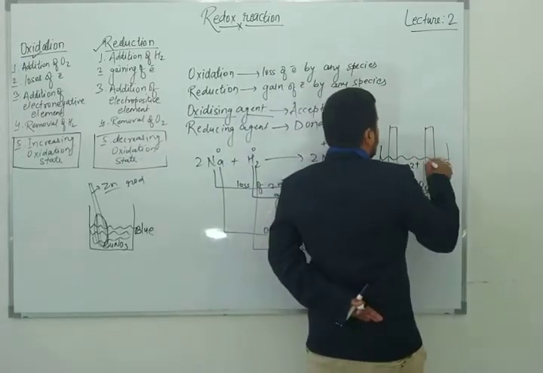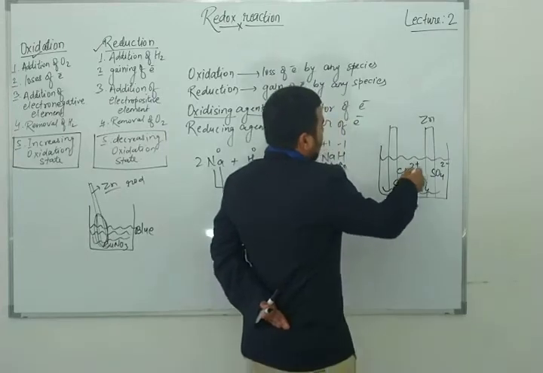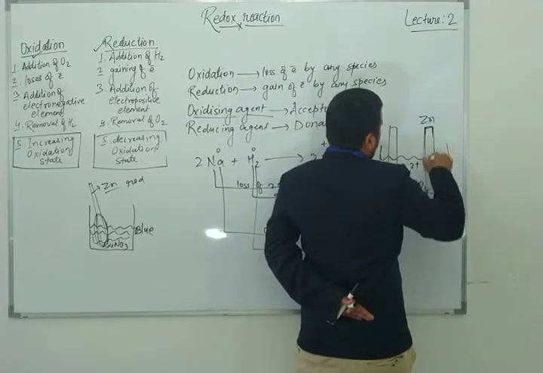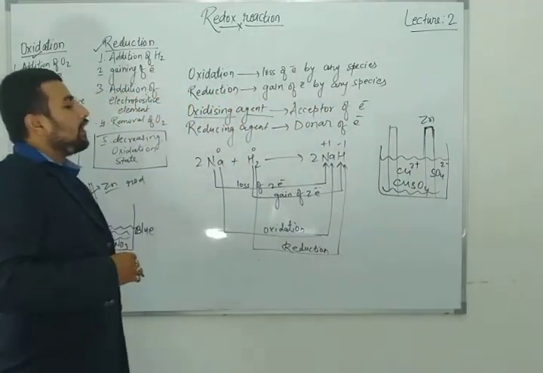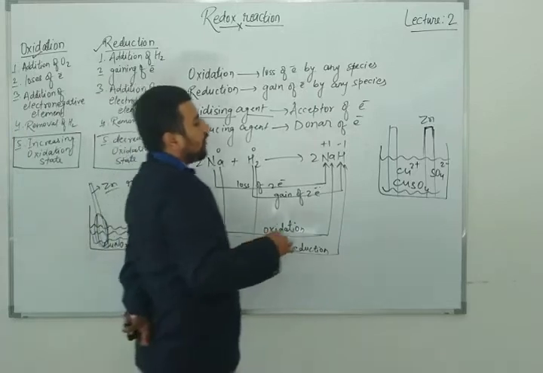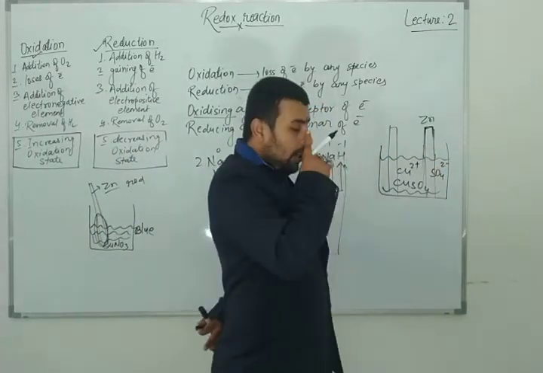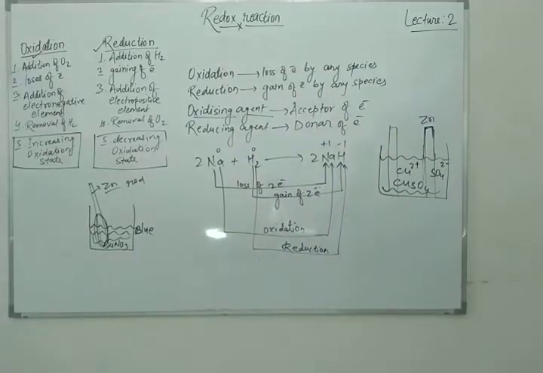Now the zinc rod, in the terms of zinc rod, the loss of 2 electrons from the zinc will occur, and copper will deposit here. Means the copper's 2 electrons will be deposited on the zinc electrode. Now you will say, sir, will the zinc rod become zinc sulfate or not?